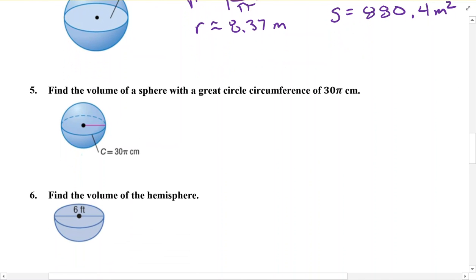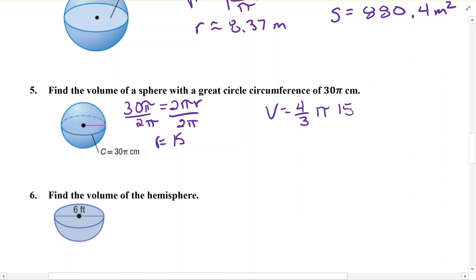On the next problem, we want to find the volume of a sphere with a great circle circumference of 30 pi. We know then that the circumference is 30 pi and is equal to 2 pi r. Dividing both sides by 2 pi, we have that the radius is 15. So volume equals 4/3 pi radius cubed.